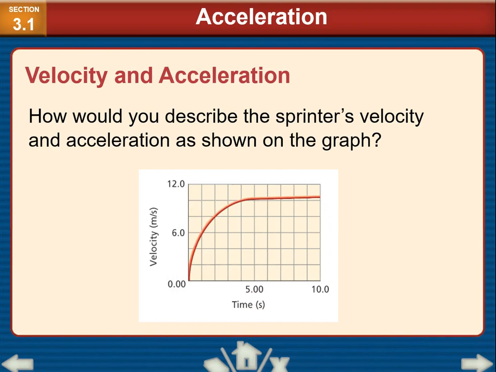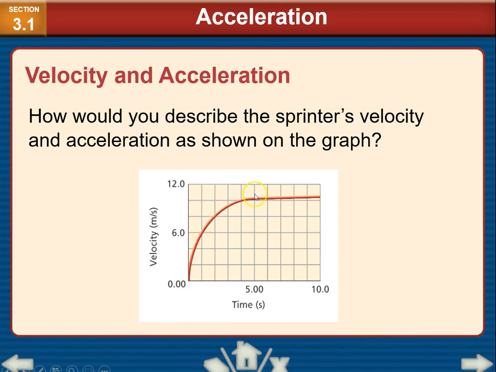Okay, so let's look at this for a moment. How would you describe the sprinter's velocity and acceleration on this graph? Well, you could say that the velocity is constantly increasing, and you'd be right. But if we look at the acceleration, the slope of this, at this first part, yes, there's positive acceleration.